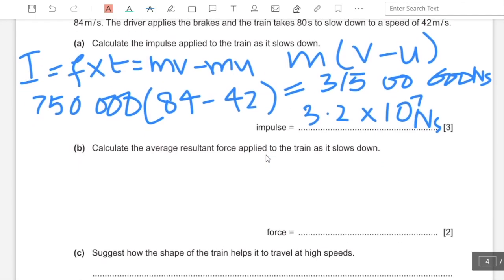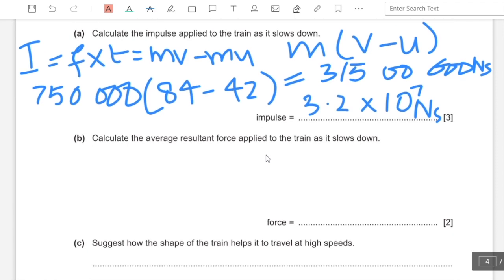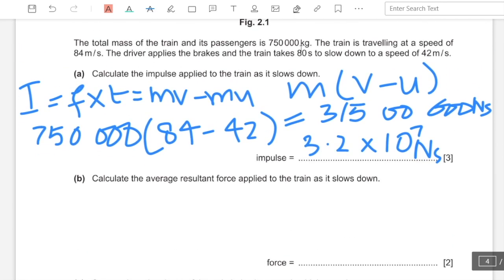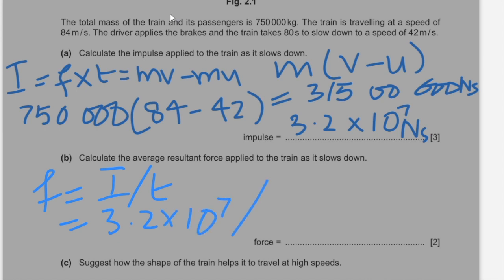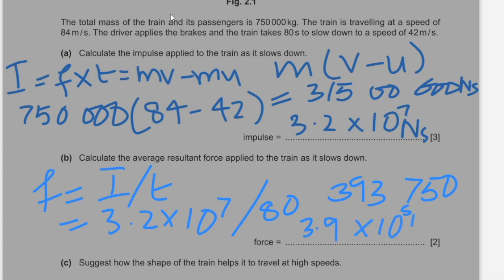B, calculate the average resultant force applied to the train as it slows down. So we have the time over here, and also the impulse. Now we can calculate force, which is equal to impulse divided by the time taken, and that is 3.2 into 10 to the power of 7 divided by 80, which is equal to 393,750, which is 3.9 into 10 to the power of 5 newtons.